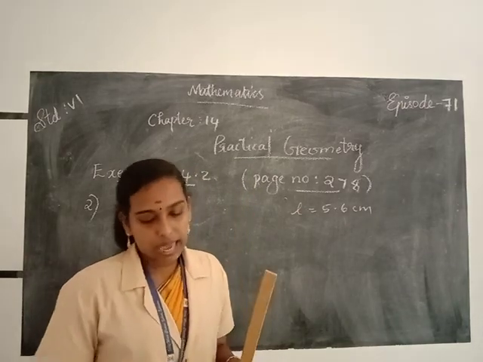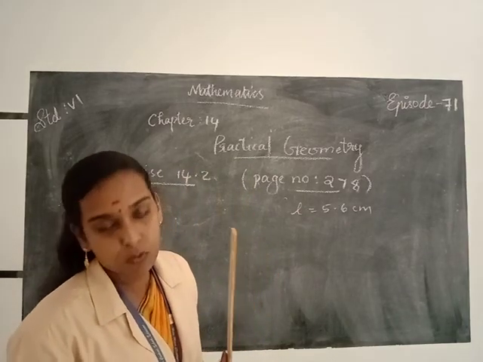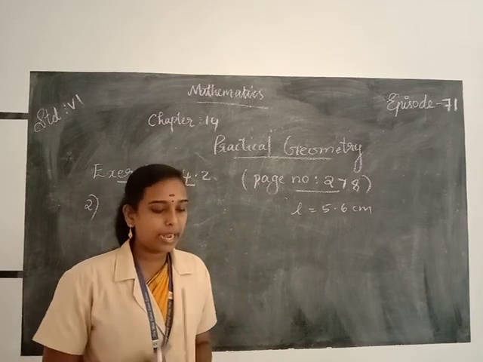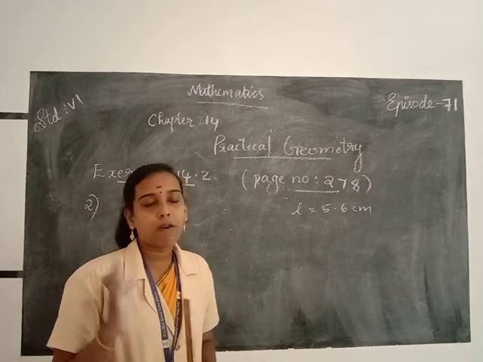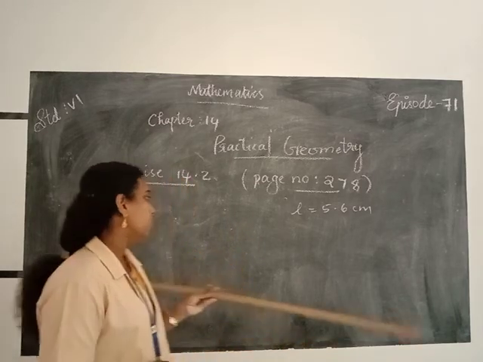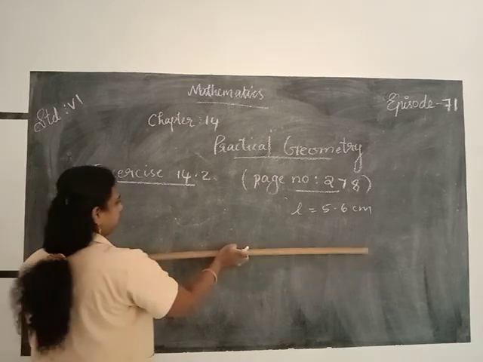So for that, to construct a line segment by using ruler and compass, first you draw a line L and mark a point A on the line.